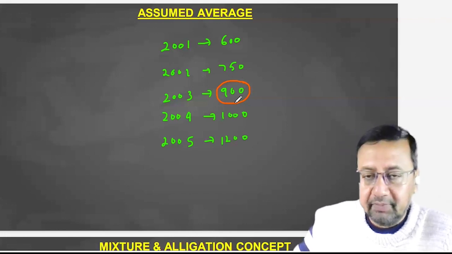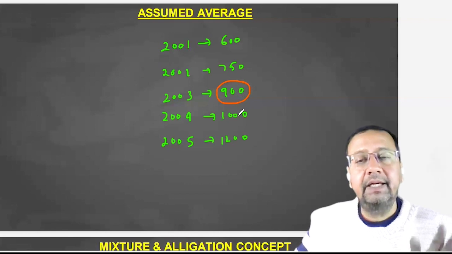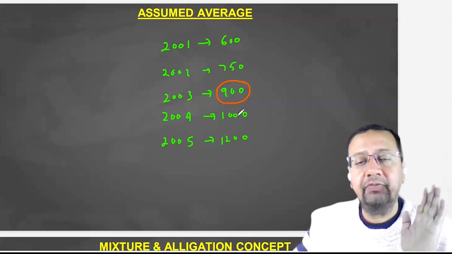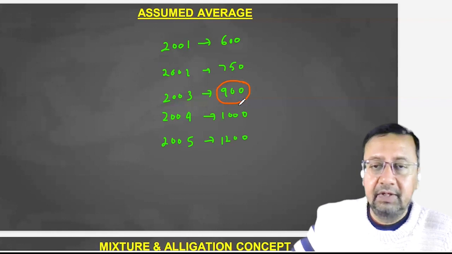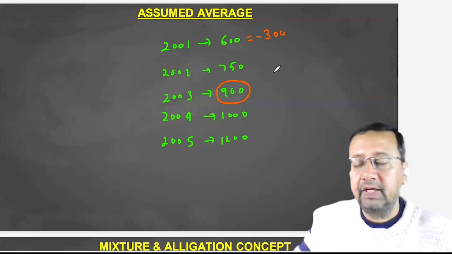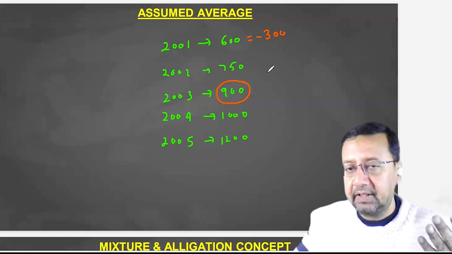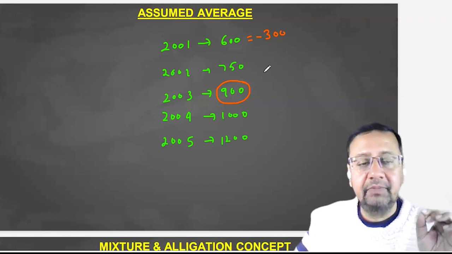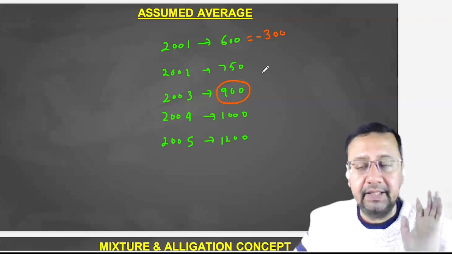Okay, so from this number, 900, take the difference of every other number. So 600, what is the difference? Minus 300. When you're taking the difference, write it with a plus or minus sign.